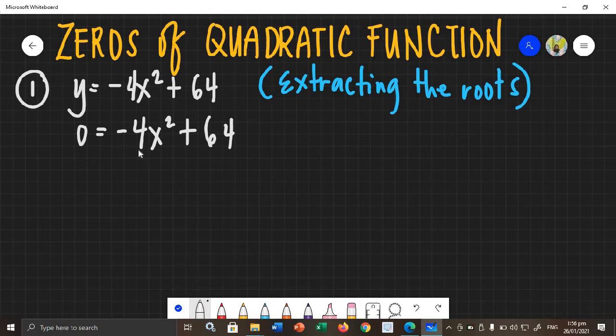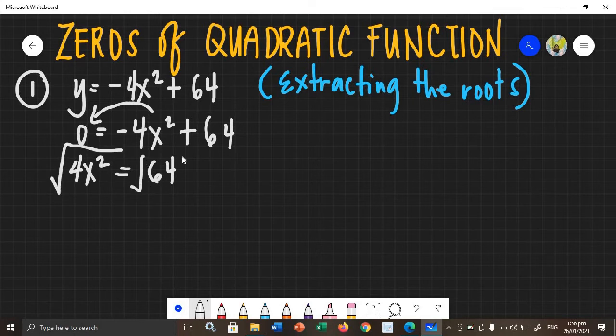So, for me to extract the roots, of course, kailangan yung sa other side ng equation, merong value doon. So, I'm going to transpose negative 4x squared on the left side of the equation, so it will become positive. And then, para ma-cancel out natin yung square, I'm going to write a square root para maalis yung square na exponent ni variable x.